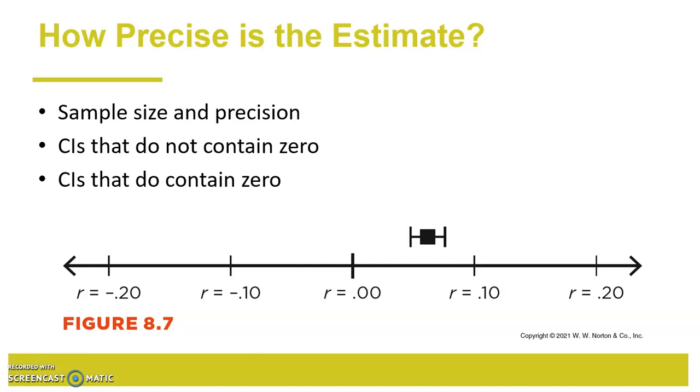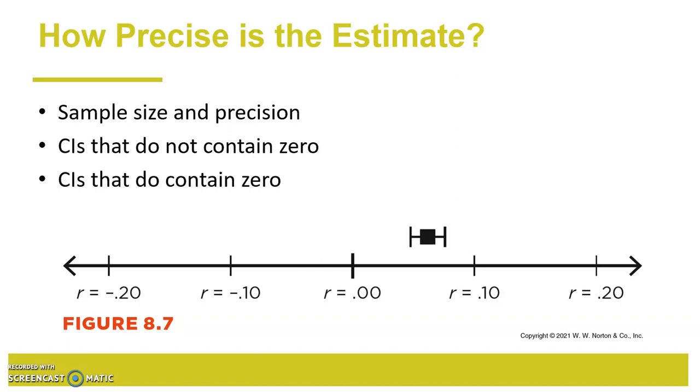Sometimes these are used to not only establish precision, but also to indicate whether a correlation is statistically significant or not, meaning can it be readily explained by chance variation alone, or does it indicate a real effect? If you have a confidence interval that doesn't contain 0, then that means that you have a significant correlation.